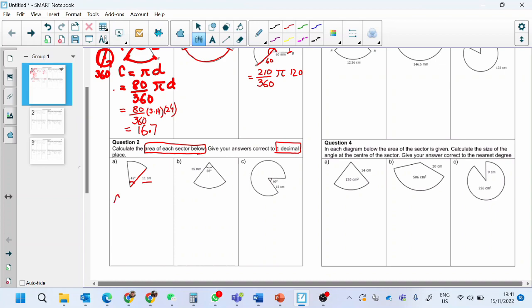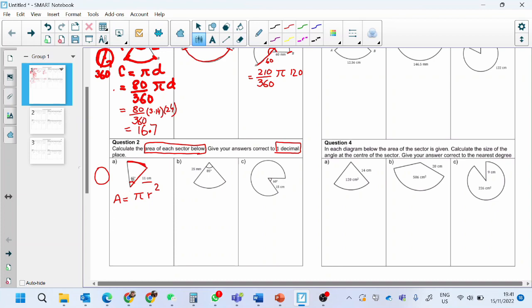For the area of a whole circle, the formula is pi r squared. But we do not have a whole circle here. We have just a portion, or a sector, of a circle.